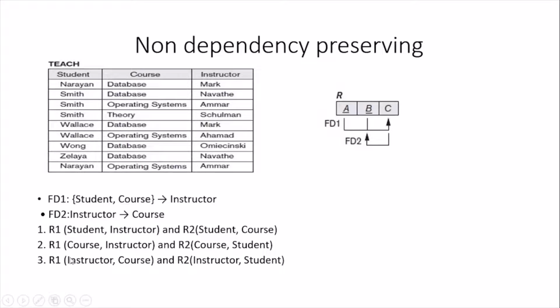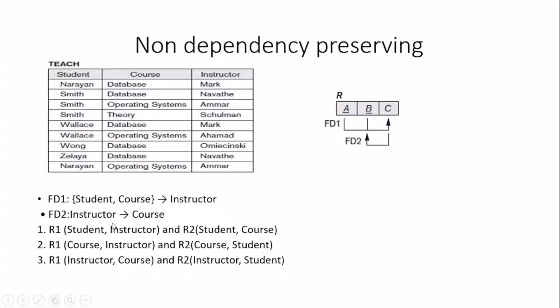And we have the second decomposition, that is R1 with course, instructor, then course, student. Then the third, R1 is instructor, course and R2 is instructor, student. So these are three possible decompositions for this.